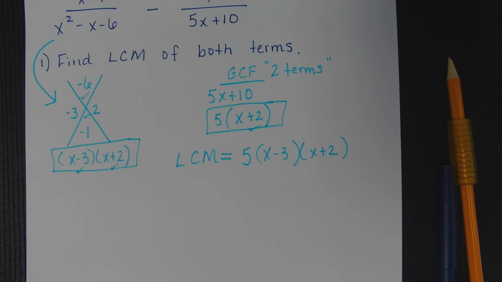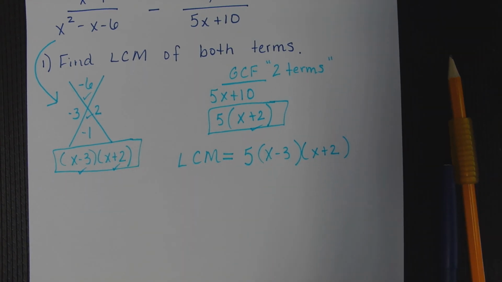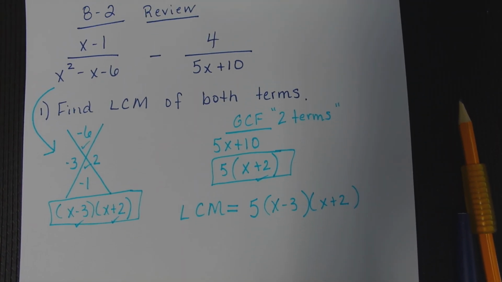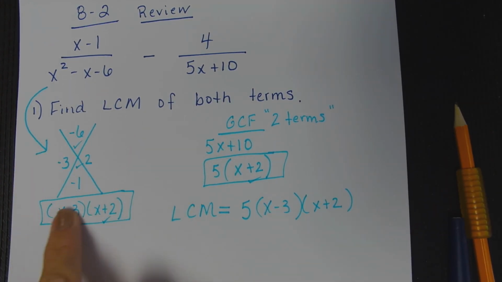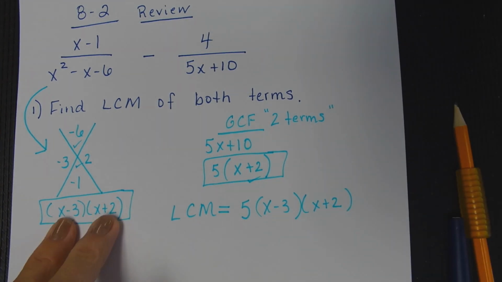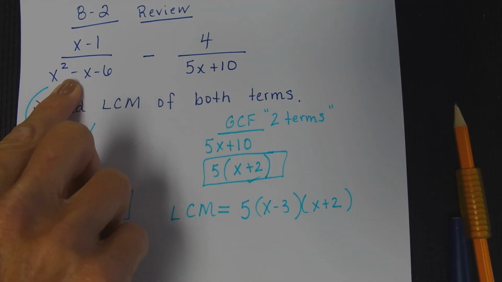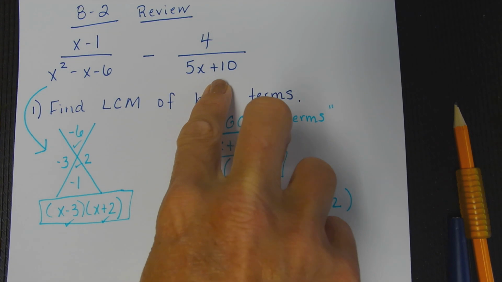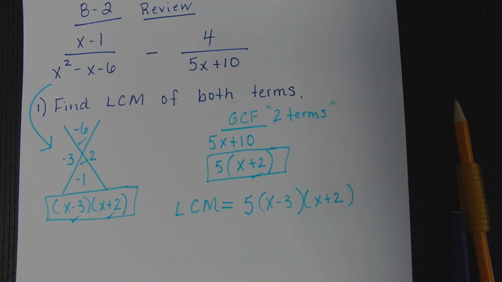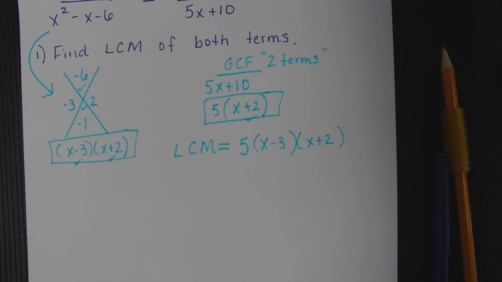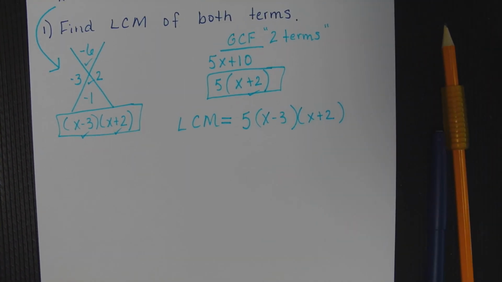So now we got to go back up. I'm going to scoot this down just a little bit. Okay, so these two are the factored form of this, and 5x plus 10 is 5 times x plus 2. All right, what I'm going to do now, I'm going to change colors.